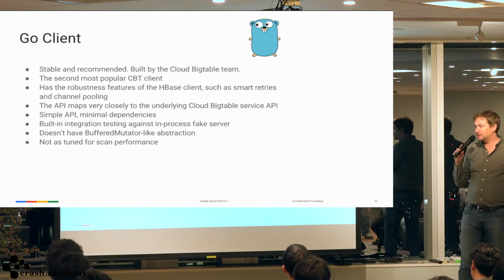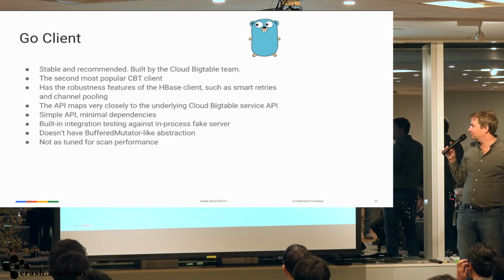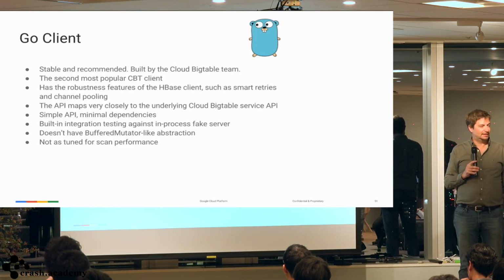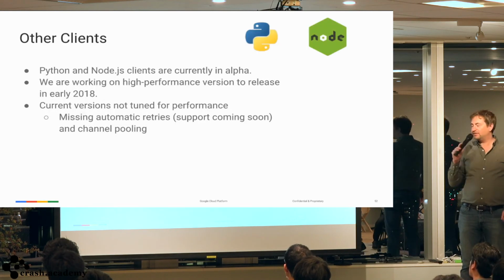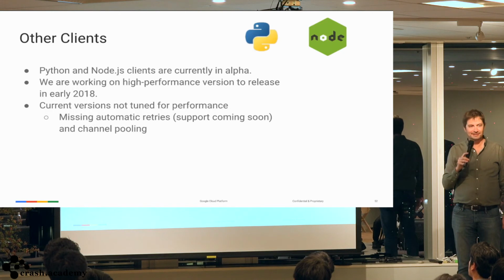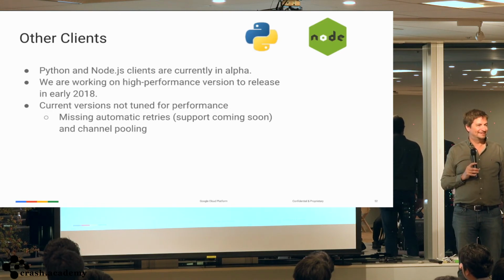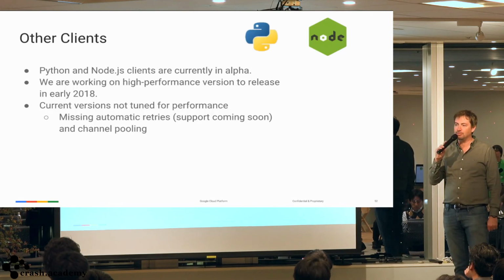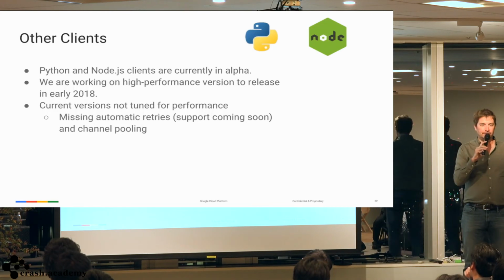We have a Go client, which is mature, very stable, and very fast. We have Python and Node clients, but they are not very fast. In the next quarter, we're going to release high-performance versions of Python and Node.